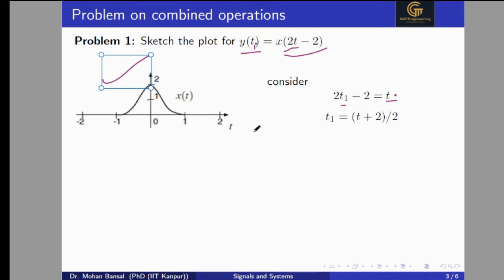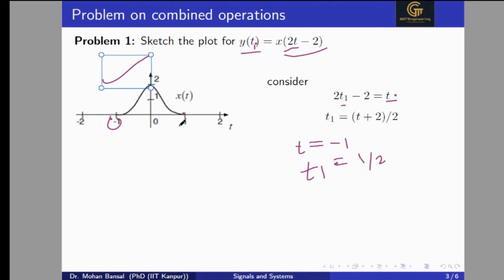Now we'll substitute the values of t from the signal x(t), where t is nothing but t1. If we substitute t = -1, what value will we get for t1? For t = -1, we will get t1 equal to 1/2.